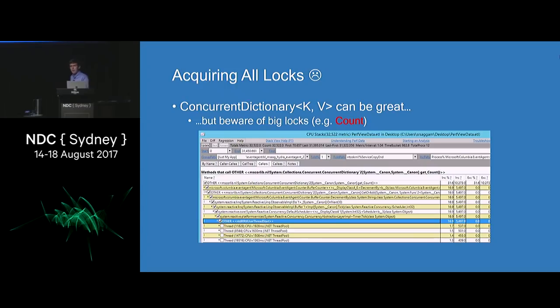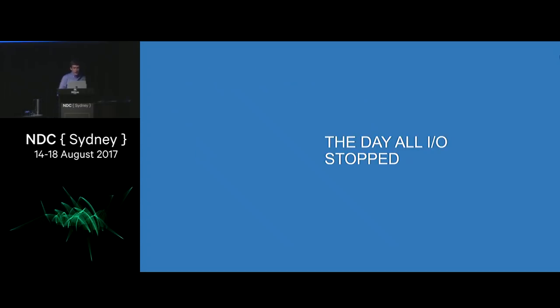So you end up in this kind of interesting situation where 31% of CPU that day was actually spent in the Count property. Now you'll actually wonder, it's a lock. How can a lock spend CPU? Doesn't the lock just put the thread asleep and it will be woken up when the lock is actually satisfied? Well, the answer to that is locks inside the .NET Framework have a little bit of spinning inside of them.